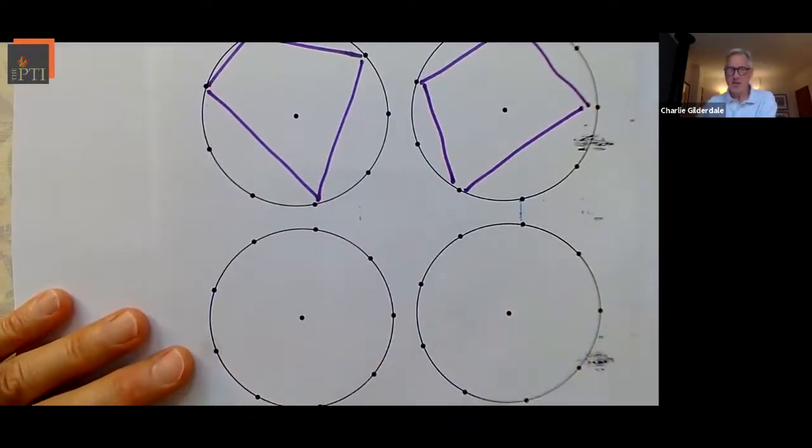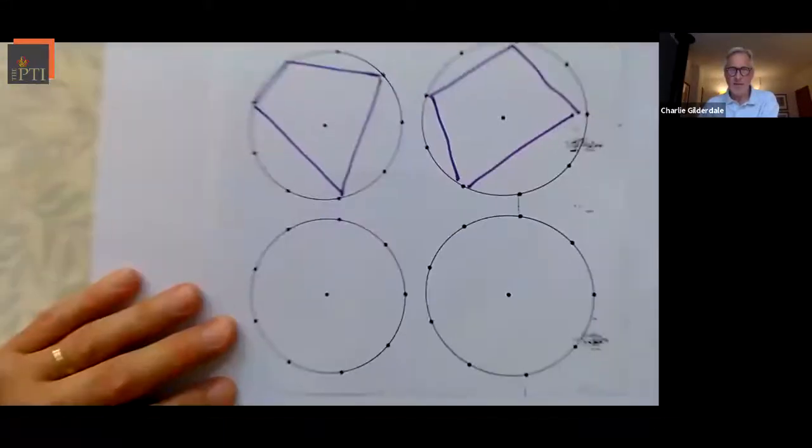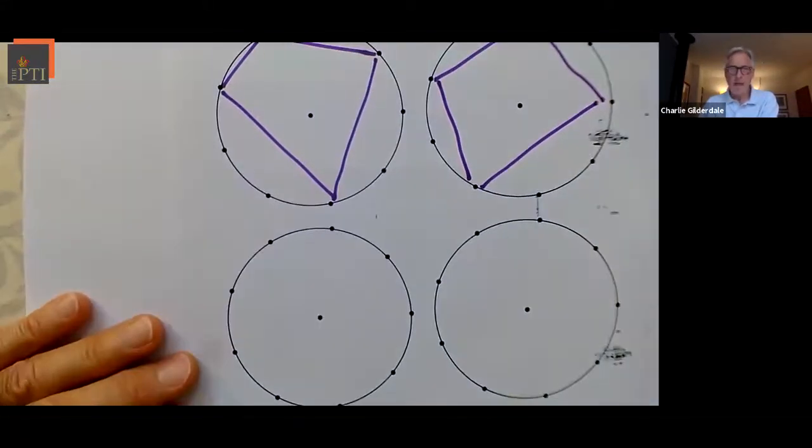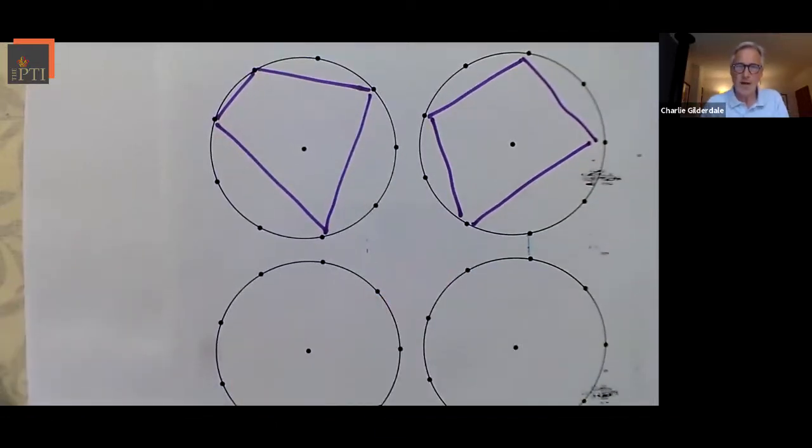the sheet has got 6 circles, and I'd encourage them to draw 6 different quadrilaterals.